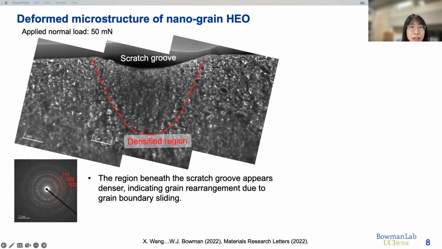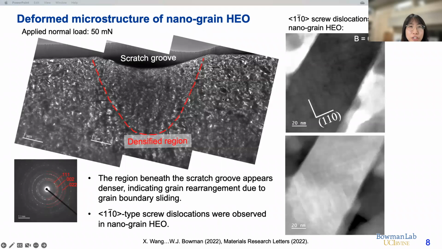In this bright field STEM image, this densified region appears darker, indicating higher density. We still noticed some dislocations, even though the grain size is extremely small. These dislocations were also identified to be the same type, 110 type screw dislocations, similar to the micron-grain sized sample.